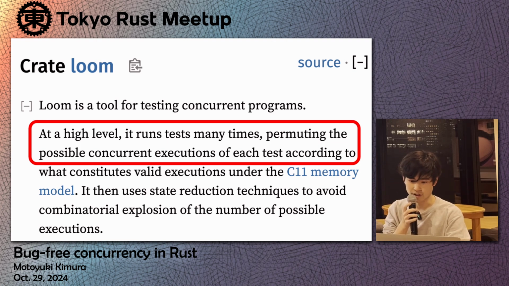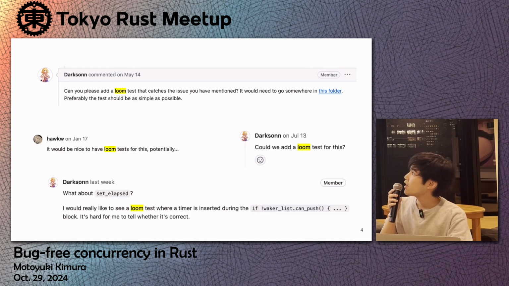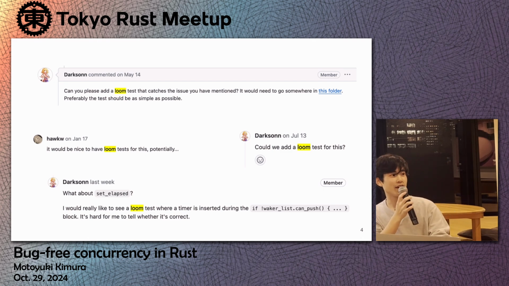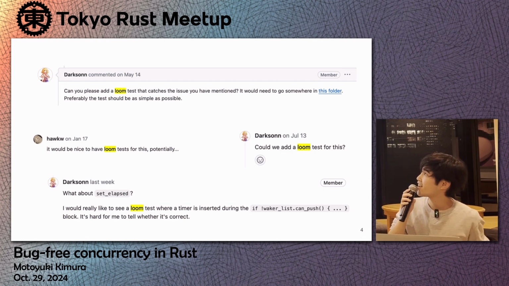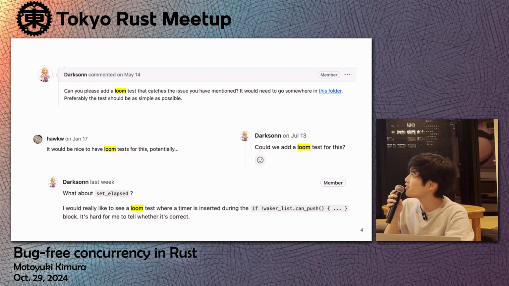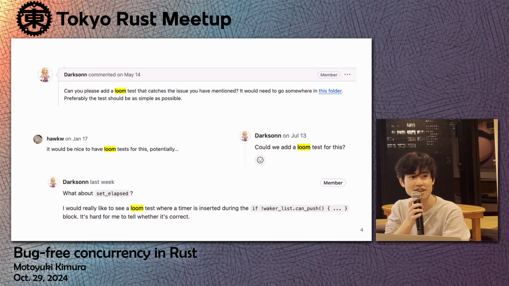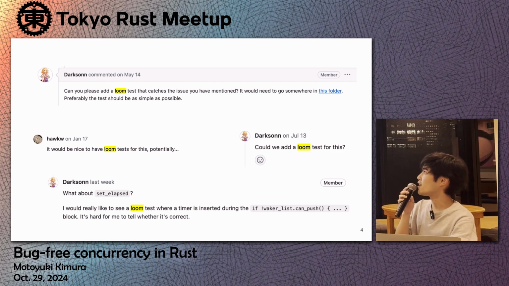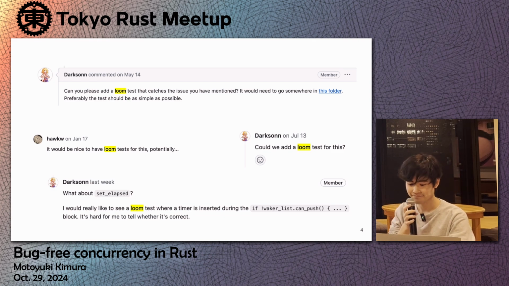I think this is a really cool feature. If you go through the Tokio repository or issue tracker, you'll probably find a bunch of comments saying, hey, can you add a Loom test for this new feature? So yeah, Loom is used heavily in the Tokio project.